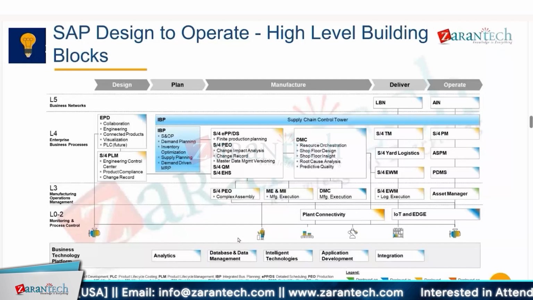They share the data, and the output of these tools can be 100% controlled at the level of the supply chain control tower. So all these tools are operational under the umbrella of the supply chain control tower, where the inputs and outputs are controlled, and it gives you final meaningful results.